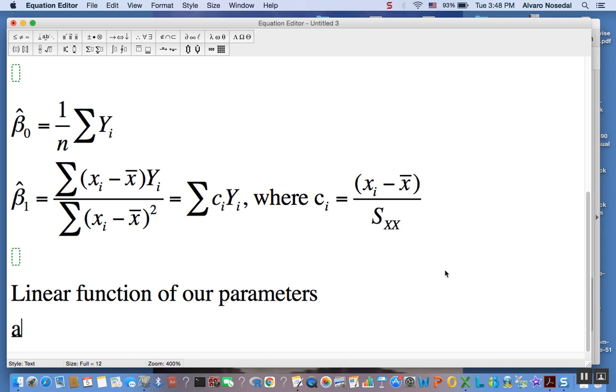Let me write that down as follows: a0 multiplies beta 0 plus a1 multiplies beta 1. So that's what we mean by a linear combination of our parameters. In a sec, I'm going to give you an example of a linear function of our parameters that could be something we might be interested in.